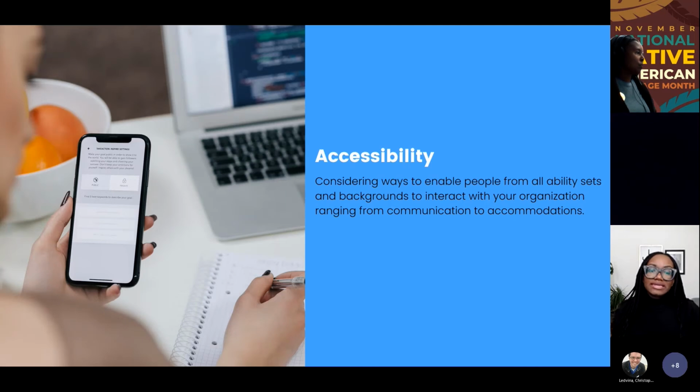Now, for accessibility. So, with accessibility, if you're looking along the continuum of human ability and experience, it's ensuring that you're giving equitable access. And so, in the workspace, it's ensuring that people from all ability sets and all backgrounds can interact with your organization, from communication to having accommodations. And so, for example, if you're showing an e-learning, does that e-learning have closed captioning?